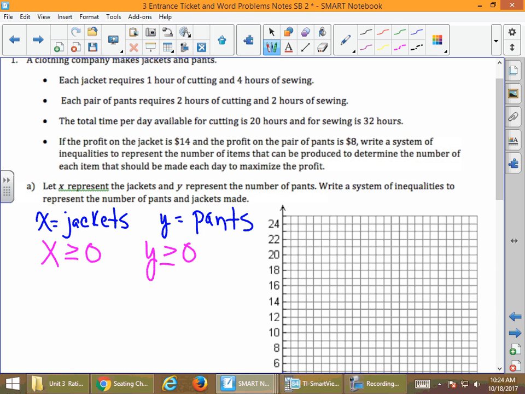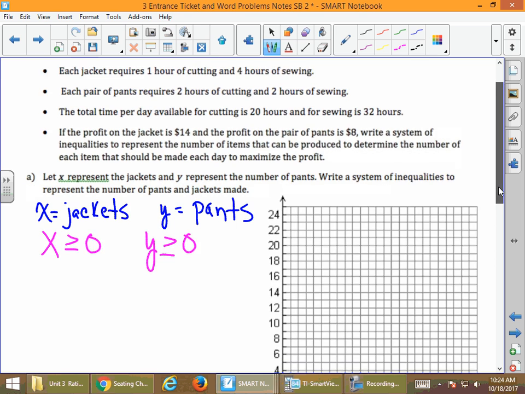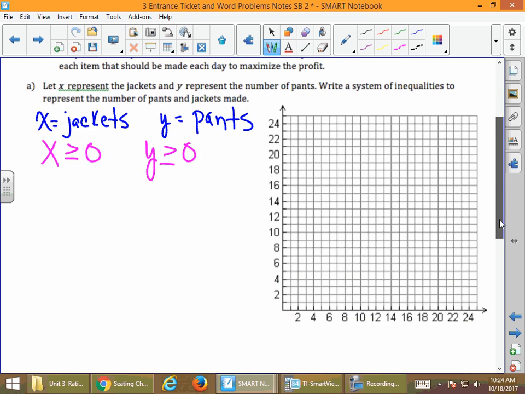We might make all jackets and no pants. We might make all pants and no jackets. But we need those two inequalities in there for us to be able to graph the system and come up with our maximum and minimum value.